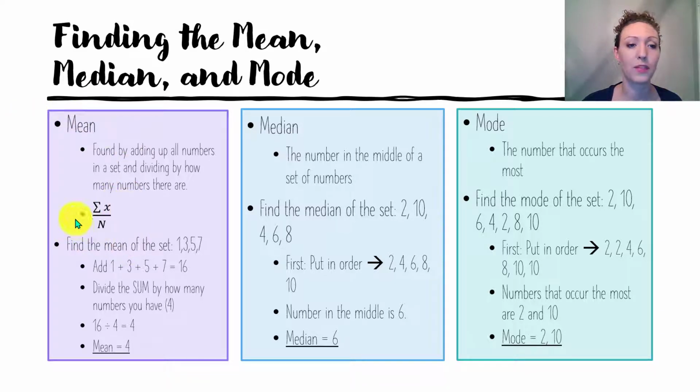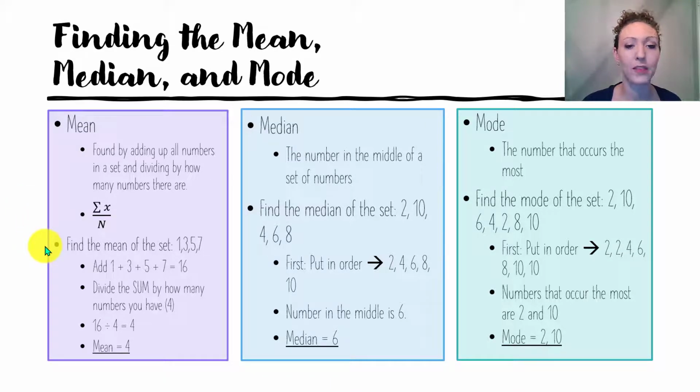And the formula for mean is here, and it may look a little complicated, but it is not complicated, I promise. So this symbol here, this backwards E, just basically means the sum of. This X stands for the raw score or scores, and this n value stands for how many numbers you have in a set. So let's go ahead and just do a quick example.